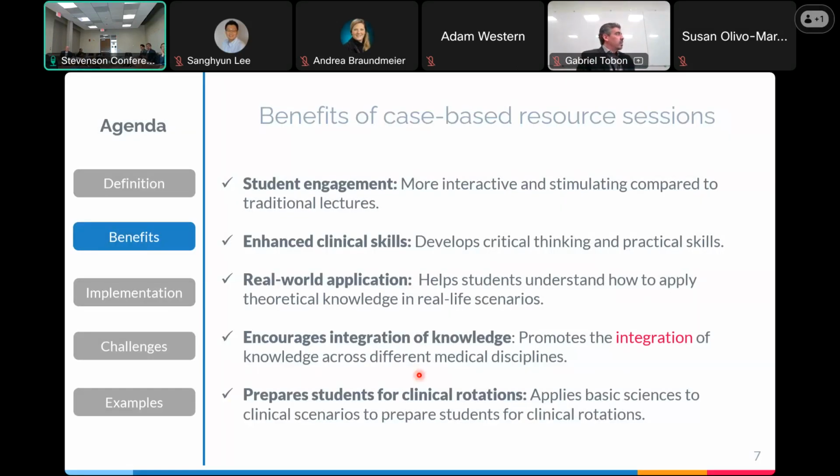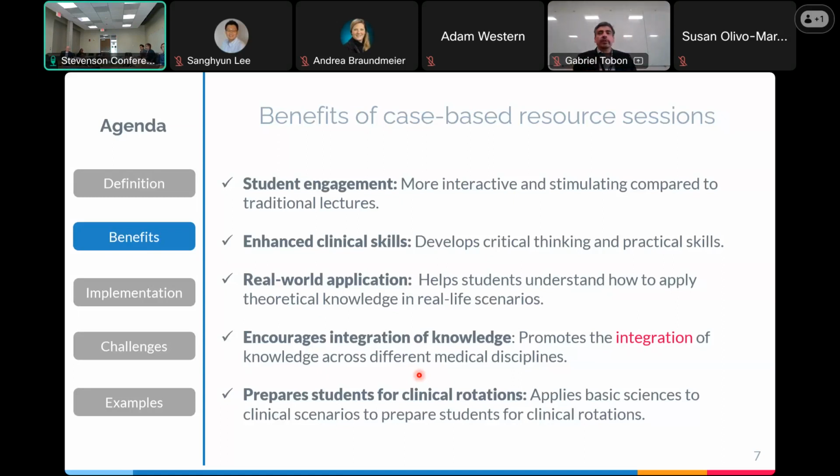The benefits are multiple here, and probably the first one, and one of the most important, is student engagement. It is more interactive and stimulating in comparison to the traditional lectures. The idea is to deliver the content, asking questions, with participation of the students.